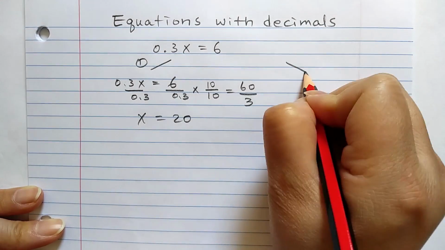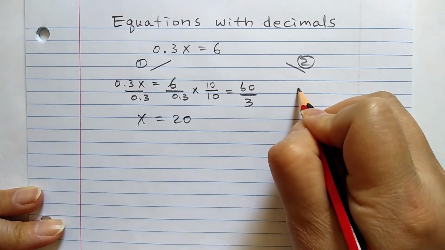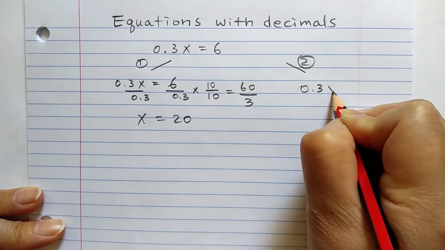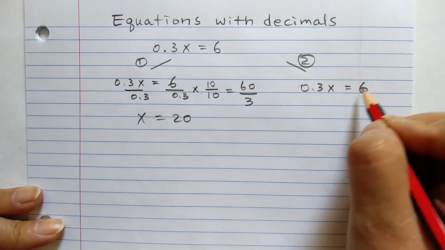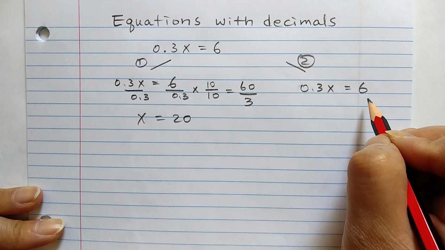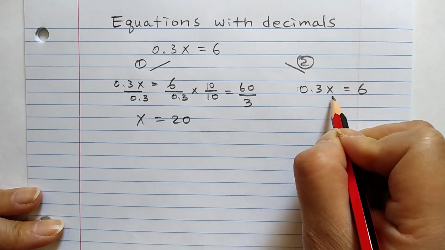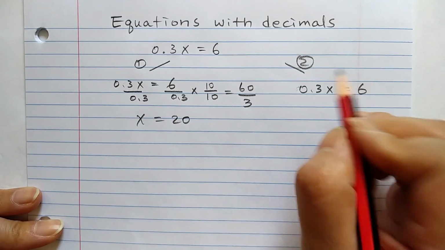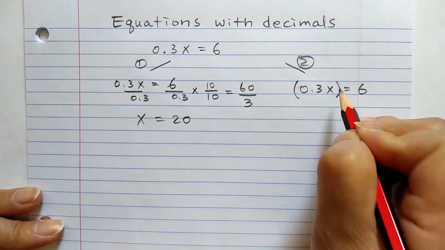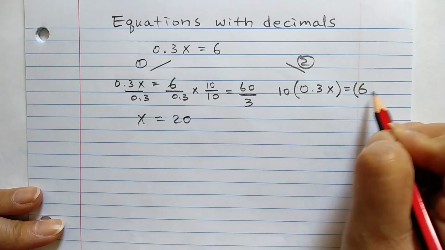Or number 2. Before we divide both sides by 0.3, let's try to get rid of this decimal first by multiplying each side by 10.